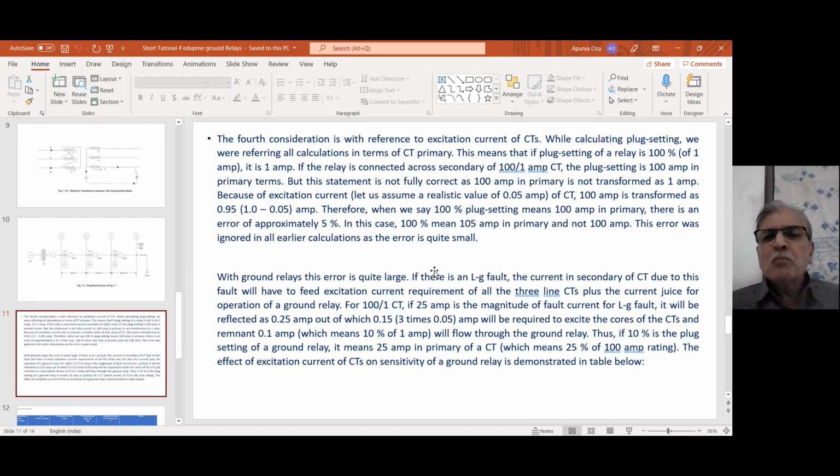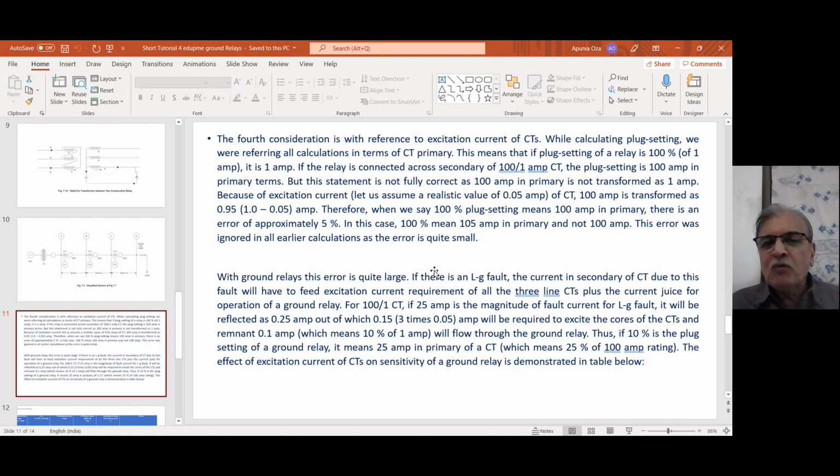That is wrong because there is an excitation current of CT. If I take one typical excitation current of 50 milliamperes, that is 0.05 ampere, then 100 is reproduced as 1. But out of that, 0.05 is taken by the excitation circuit and available to the relay is only 0.95. So 100 is reproduced as 0.95.